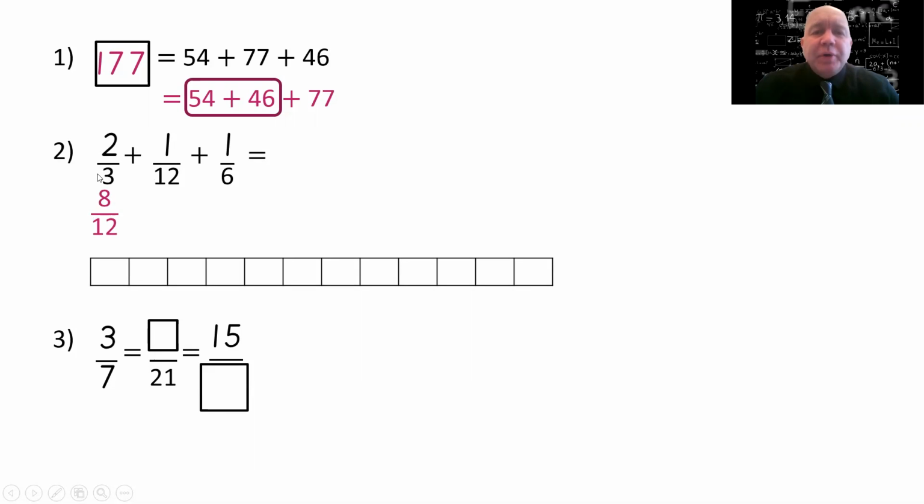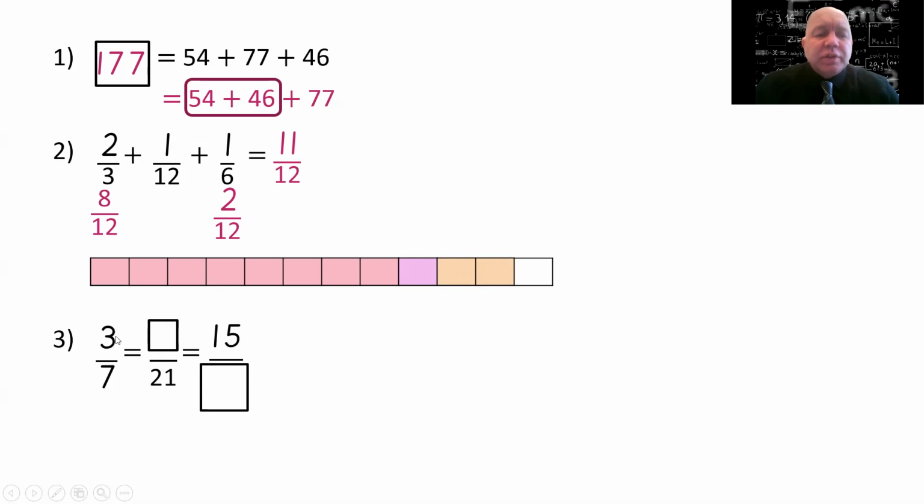Remember, whatever you do to the bottom, you do the same to the top. The 12 can stay as it is, so 1/6 becomes 2/12. We've multiplied top and bottom by 2. So we've now got 8/12 plus 1/12 plus 2/12. We're going to put it in a bar diagram here just so you can see. There's the 8/12. There's one more, and there's 2 more. Altogether, we've got 11/12.